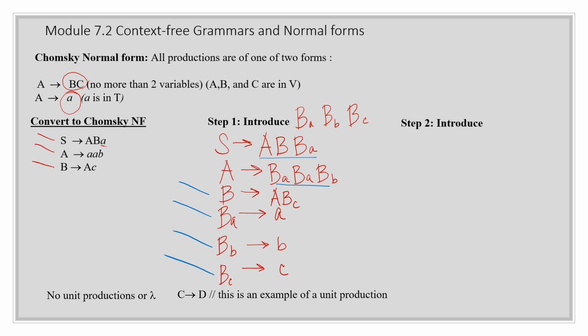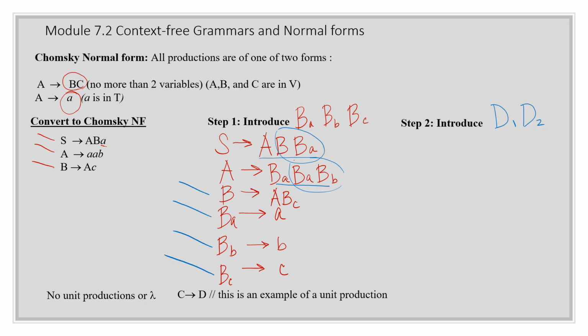So the next step we're going to do is take these two variables and replace them with a new variable. I'll follow the book, they introduce D1. And then we can take these two variables here and replace them with another variable. So we'll introduce D2.